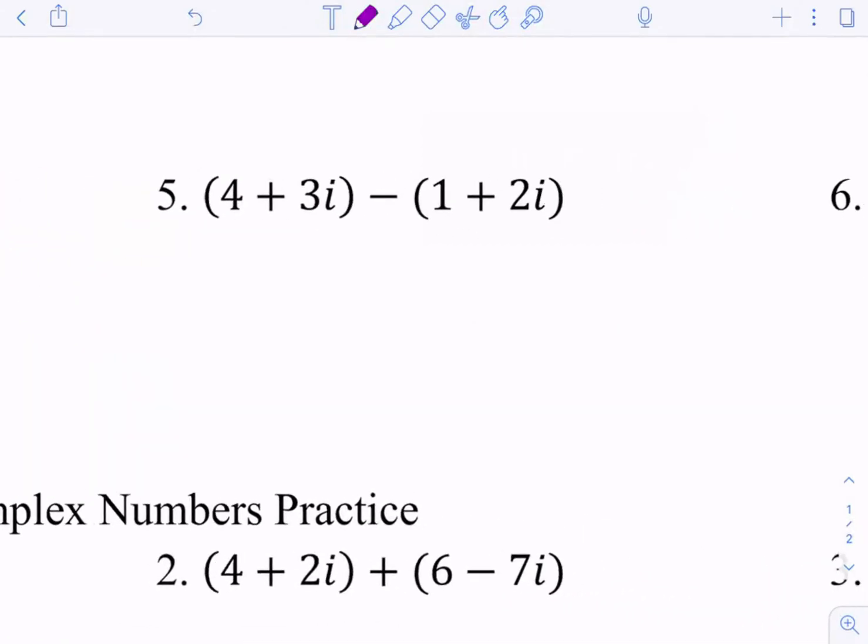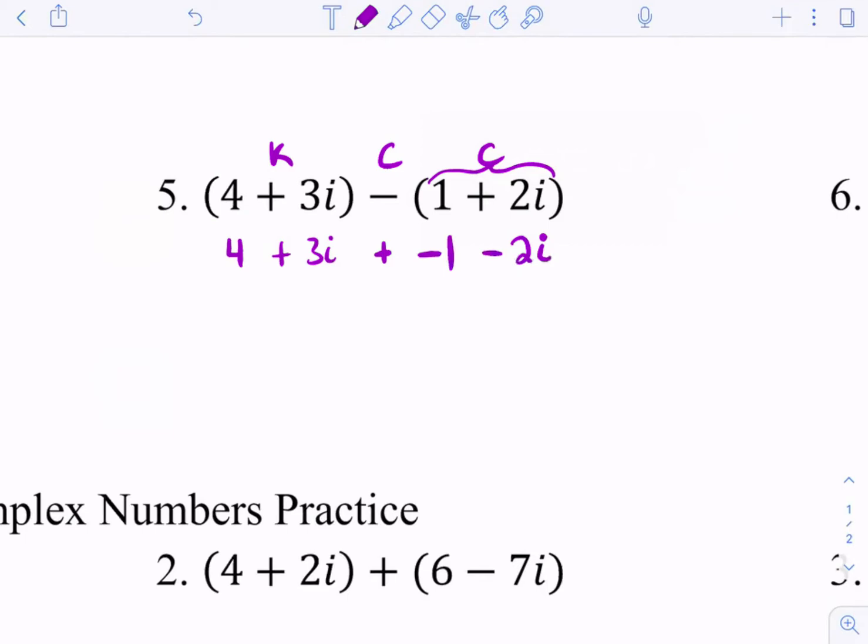And then here I have a 4. Now here's the thing. I have a minus sign, so I don't want to mess this up. So I'm going to do keep, change, change. So I have to change everything in here, okay? So it's 4 plus 3i plus -1 minus 2i.